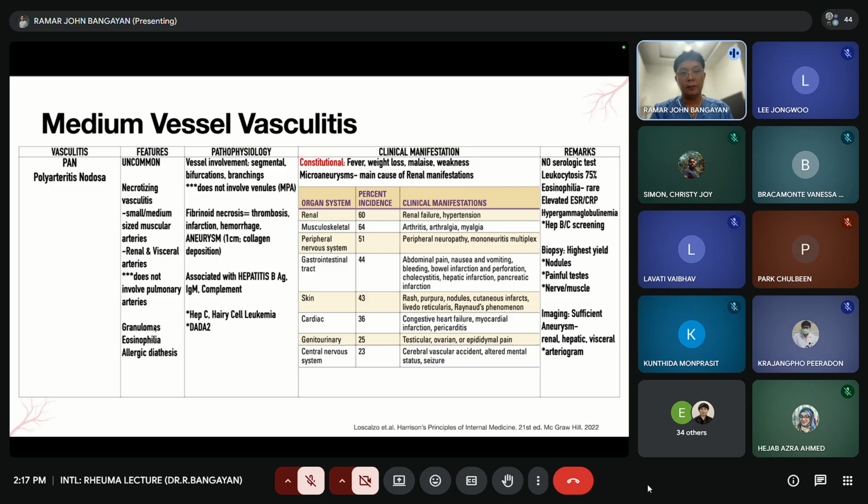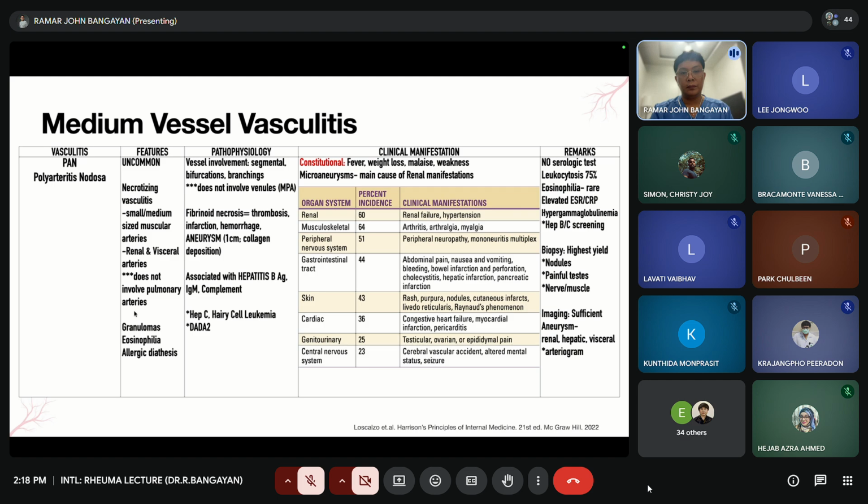So you do not have any symptoms from your lungs as compared to vasculitis like GPA, MPA, and EGPA, right? So once they ask you in the board exams, there's no involvement of the lungs, but it has renal problem, then polyarteritis nodosa is the answer.